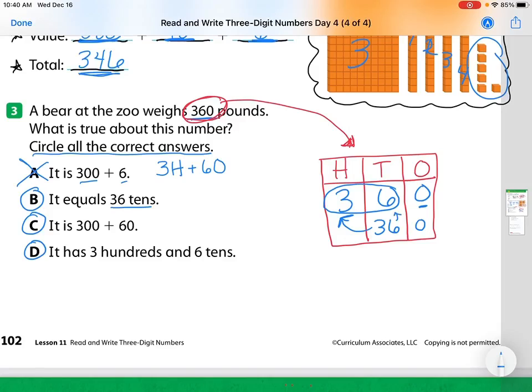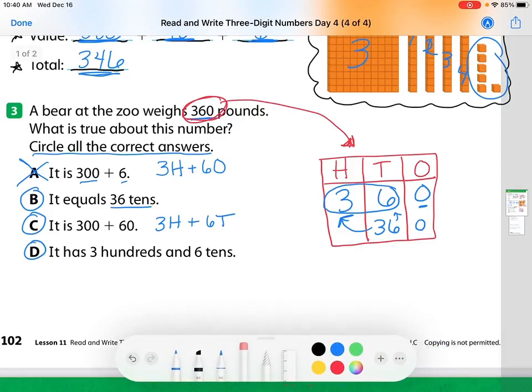C is also correct because 300 plus 60 is exactly what we have in our chart. 3 hundreds is 3 hundreds, and 60 is the same as 6 tens. And that is what we had on our chart right there. Okay, so we have 3 hundreds and 6 tens.